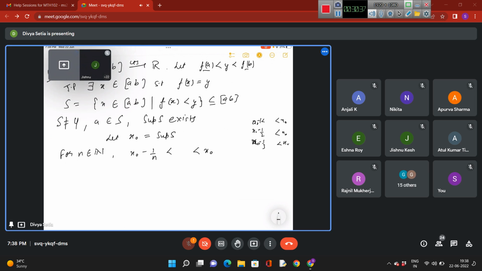All such points will have at least one point between them, y1, y2, y3 from the set, because it's a supremum of the set. This way you can create a sequence yn. For each n, there exists yn belonging to S such that x naught minus 1/n is less than yn is less than x naught.